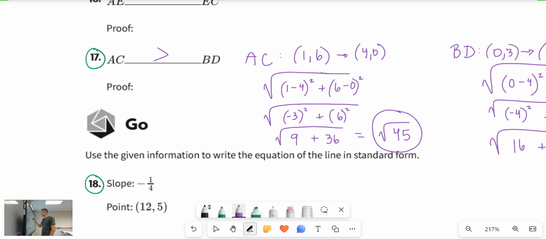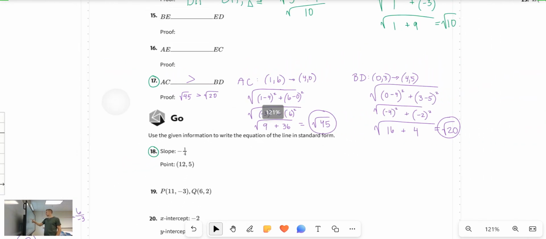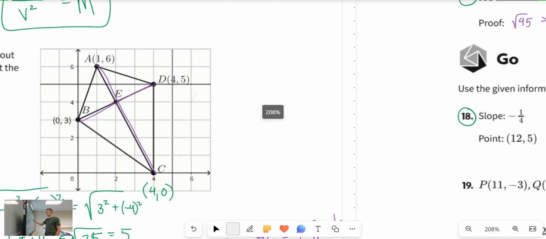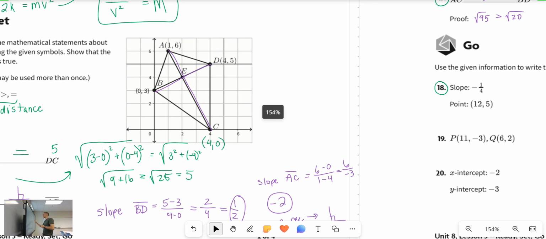And our proof is that the square root of 45 is greater than the square root of 20, because those were the lengths of each one. AC is greater than BD. And if we look back at it, it sure looks like A to C is much longer than B to D. Maybe not quite twice as far, but it is definitely longer.